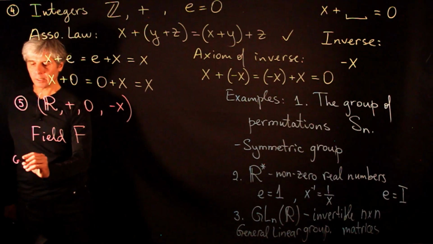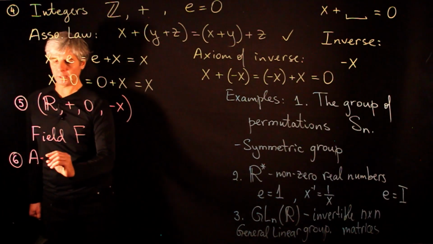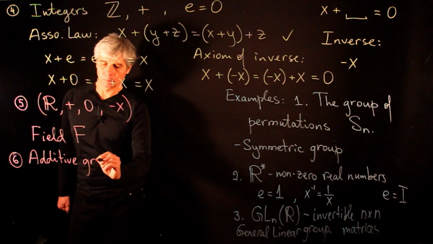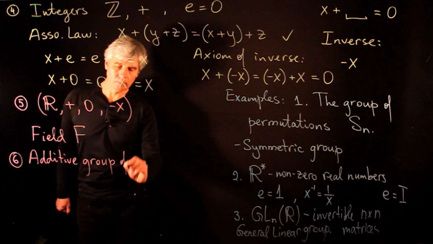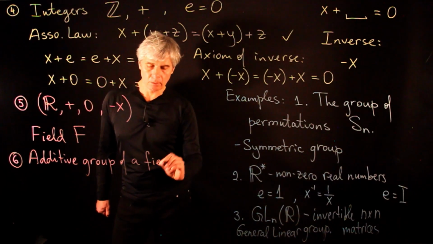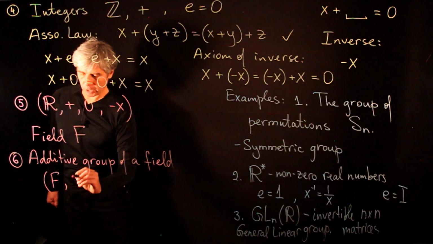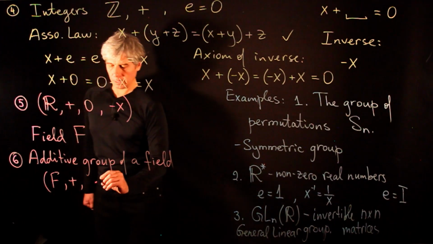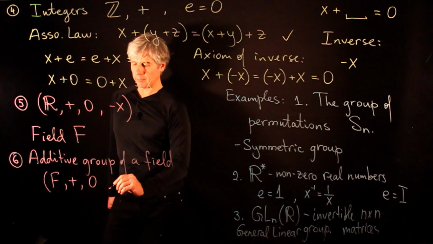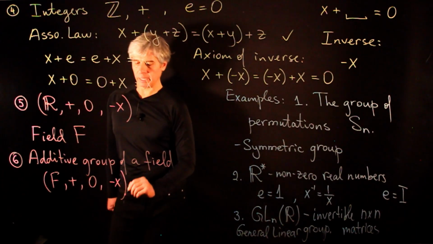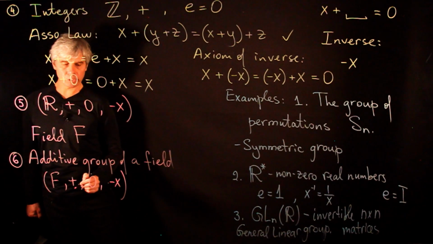One is the additive group of a field, which is this field with the operation of plus, the 0 element as the identity element, and the operation minus x as a replacement for the inverse.